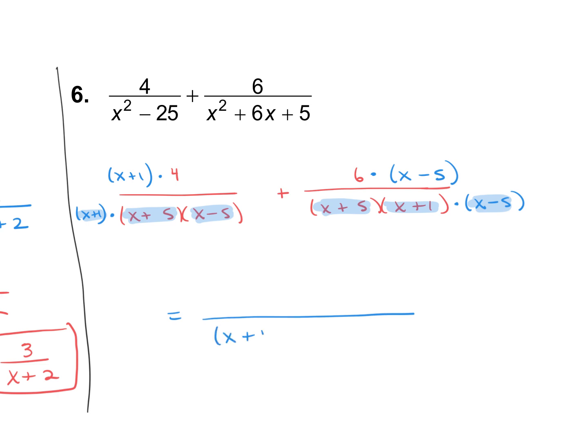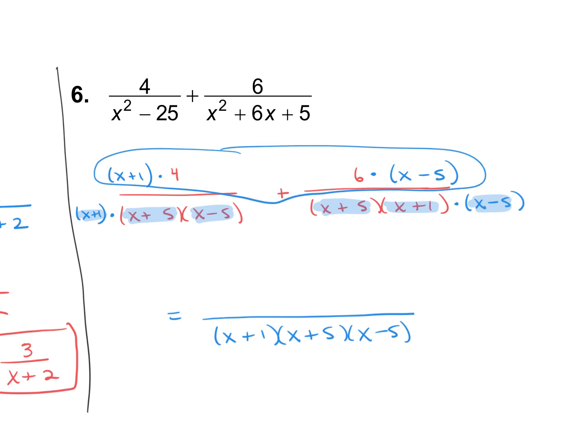It's going to be x plus 1 times x plus 5 times x minus 5. Now the numerator is going to be all of this: x plus 1 times 4, plus 6 times x minus 5.